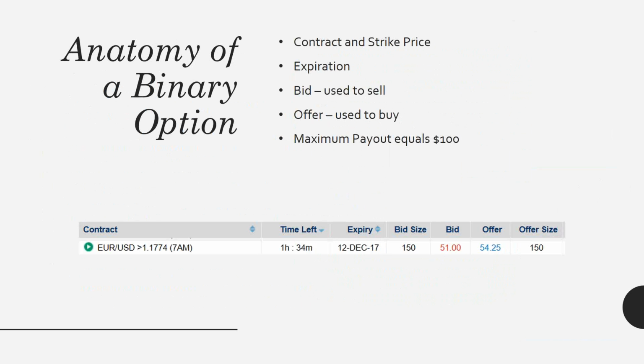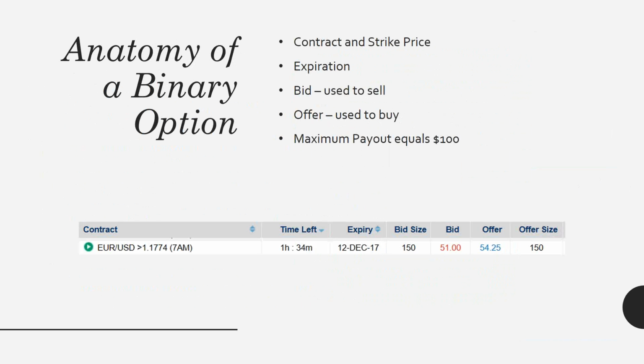Now, before we get into spreads, I really want to go through the anatomy of a binary option. You need to understand all of the components so that you will understand how spreads are different from binaries. The binary option consists of the contract and the strike price, followed by the expiration.